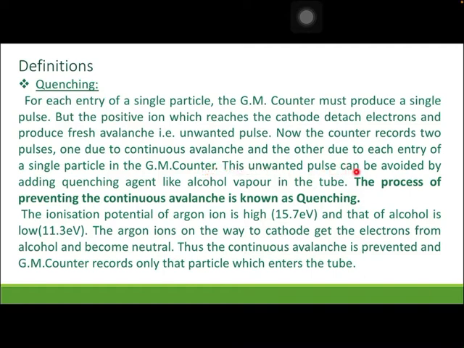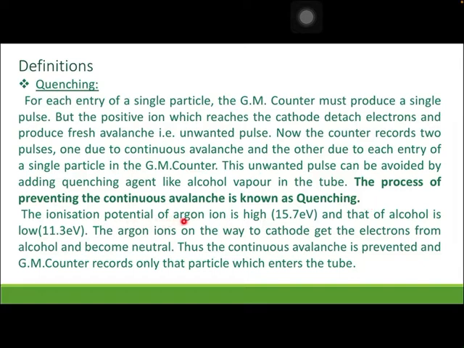This unwanted pulse can be avoided by adding a quenching agent like alcohol vapor in the tube, and therefore we have 90% argon and 10% ethyl alcohol vapor, and this ethyl alcohol vapor neutralizes the positive ions, the argon ions, correct? The process of preventing the continuous avalanche is known as quenching.